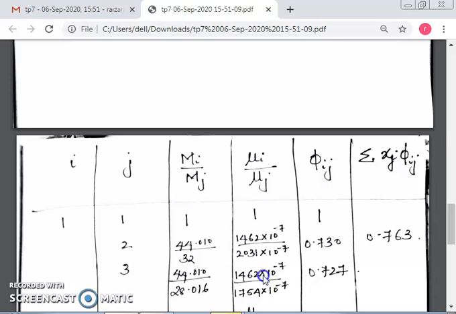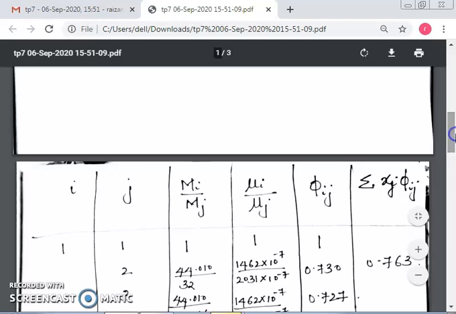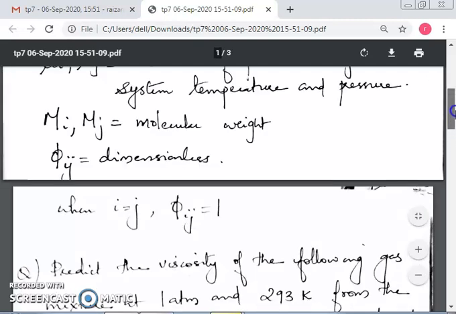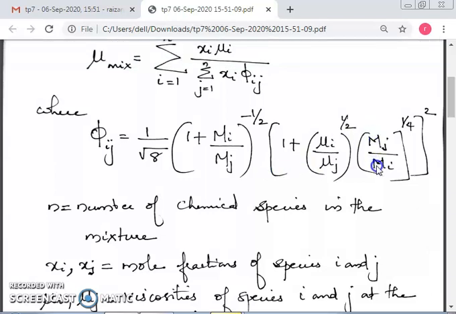Next, we have to find phi ij for each of these terms. So, the equation for finding out the phi ij is given. It is 1 by root 8 into (1 plus Mi by Mj) the whole raised to minus 1 by 2, into (1 plus mu i by mu j the whole raised to 1 by 2 into Mj by Mi the whole raised to 1 by 4) the whole square.